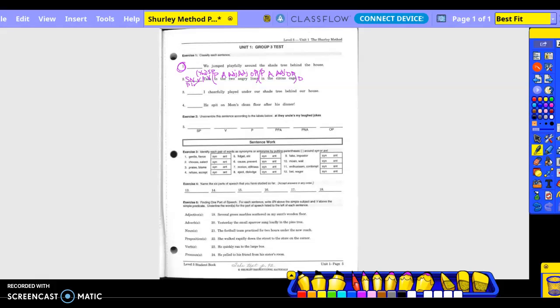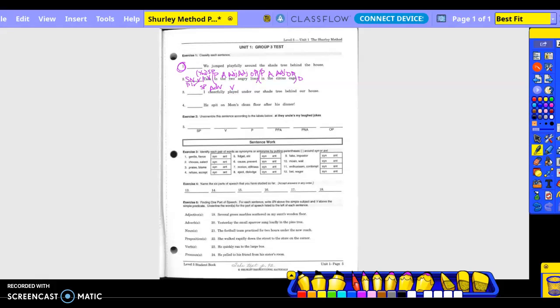I cheerfully played under our shade tree behind our house. Who played cheerfully under our shade tree behind our house? Subject noun. Subject pronoun. What is being said about I? Played. Verb. Played how?